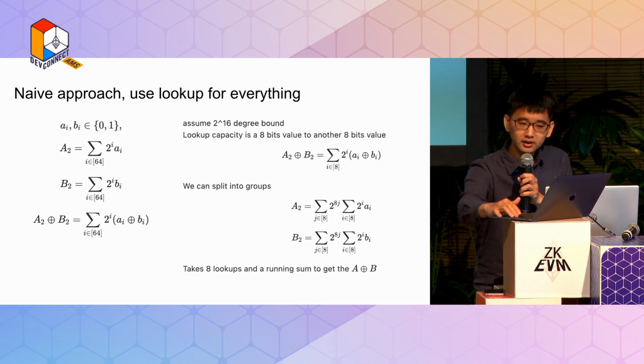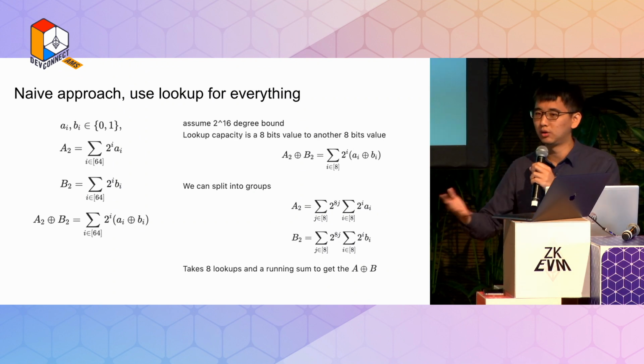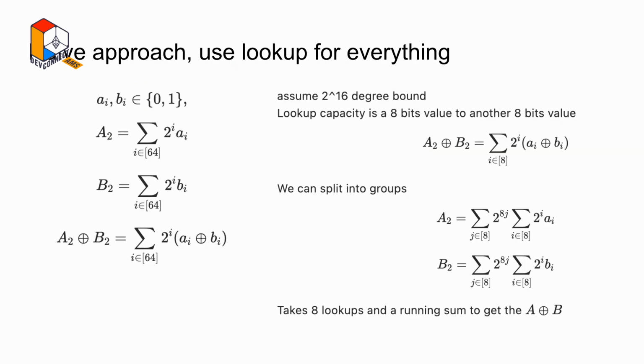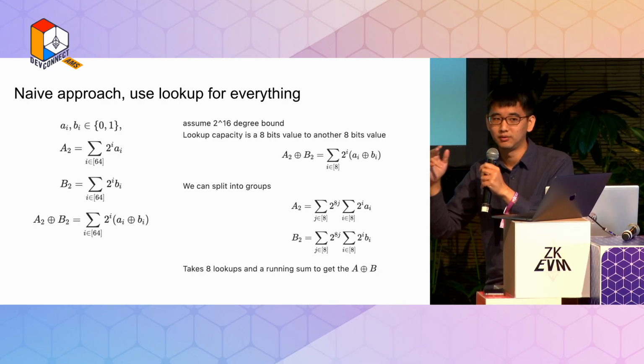So naively, you kind of want to do a pure lookup approach. For example, we have A here, B here. They are all lanes, with a subscript 2 for binary. But with a lookup, if you have a polynomial degree of 2 to the 16, then you can only look up 8 bits XOR 8 bits, all the possibilities of 8 bits to 8 bits.